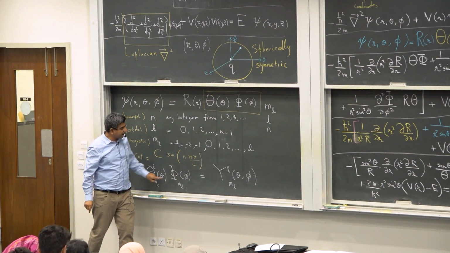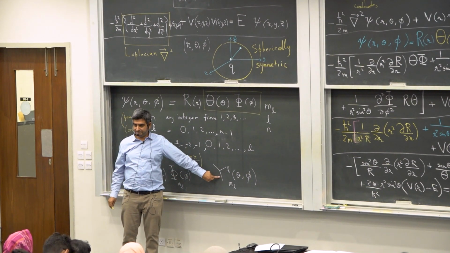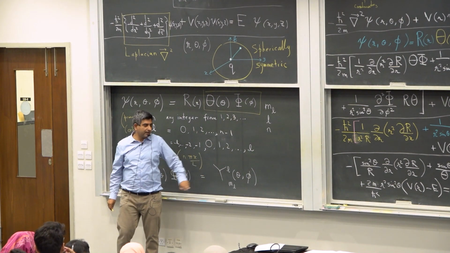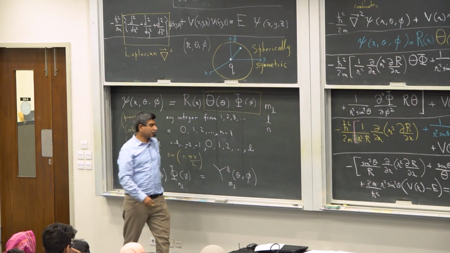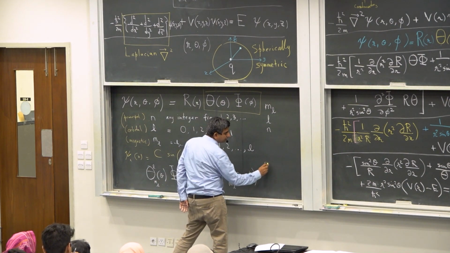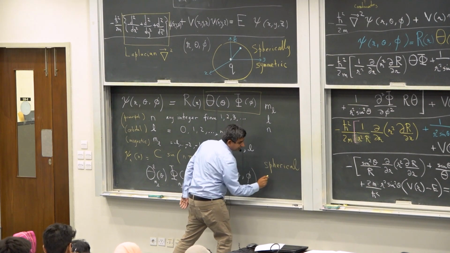So the product of theta and phi is represented by capital Y. All right, and this Y is a special function in physics. It's called, does anyone know what it's called? Spherical harmonic function.